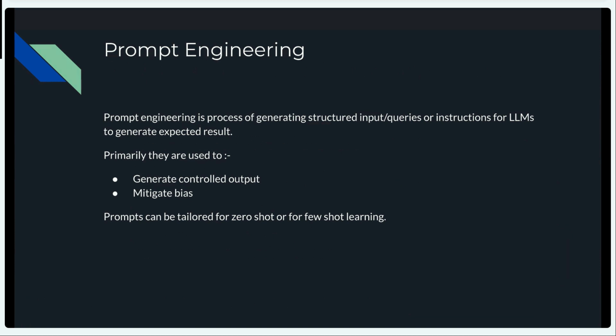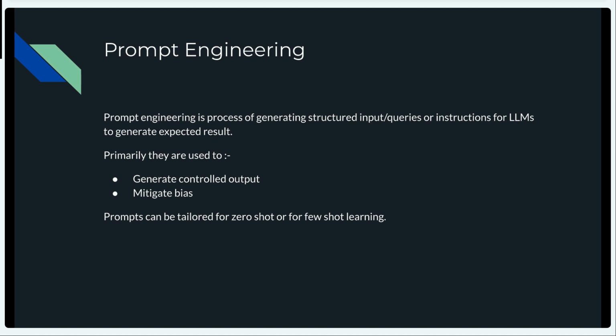For example, you can tell your large language model to generate a result in a JSON format, or to classify your data into one of the given classes. This pushes the output of the large language model in a particular direction, which is what you expect from the model.